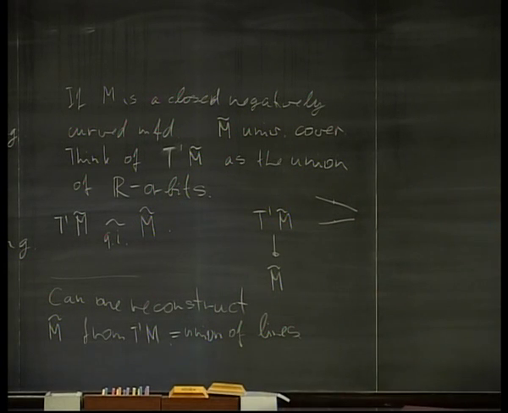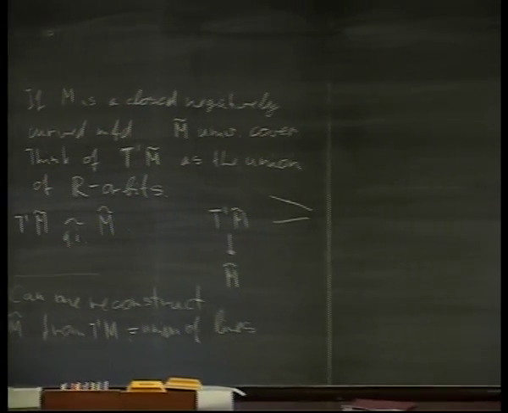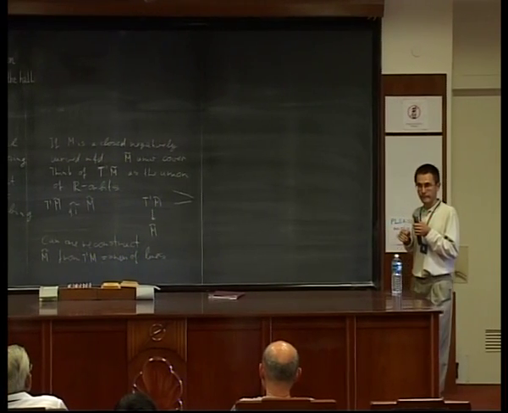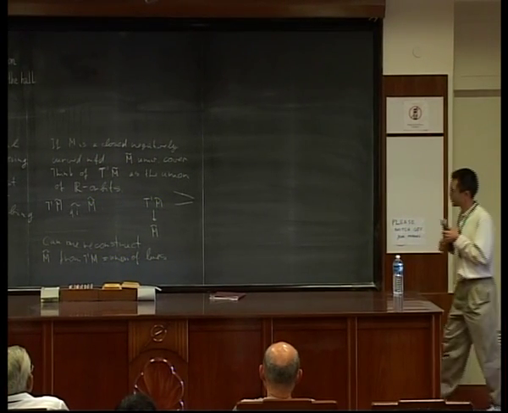If I try to make this more precise, suppose you started with a metric space which is a union of lines, and each line is geodesic in this metric space. The metric space itself doesn't have to be geodesic, but each line is geodesic, globally minimizing.